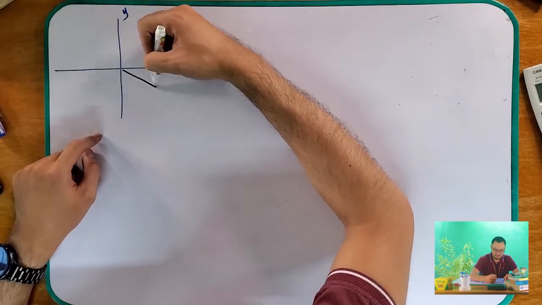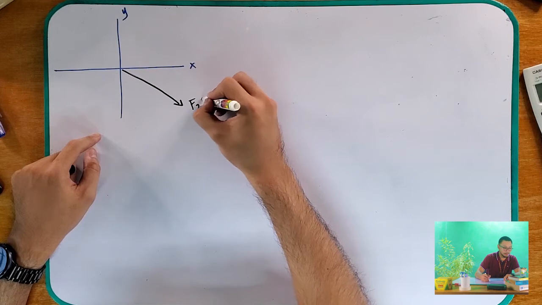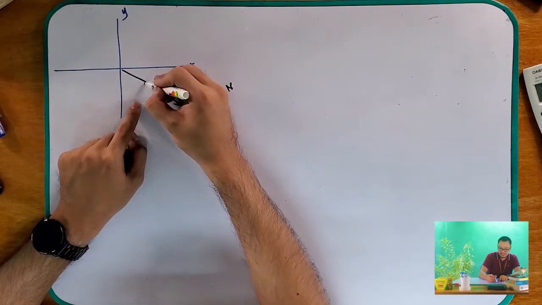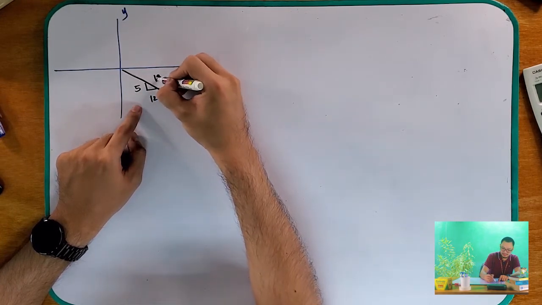You have your F2, which is 26 newtons, and its given slope is 5, 12, and 13.